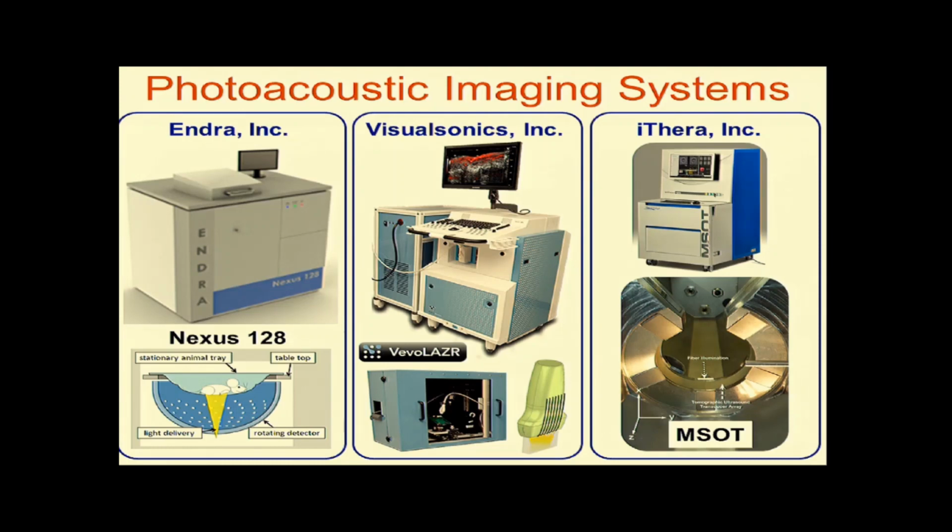Now, if we open the hood of that system, this is what we're going to see inside. In this case, the light comes from the optical fiber, illuminates the mouse or small animal, located here, and then the ultrasound sensors will be located all the way around this particular arc. In case of Visual Sonics, they use typical ultrasound transducer, and I was not able to get their image.